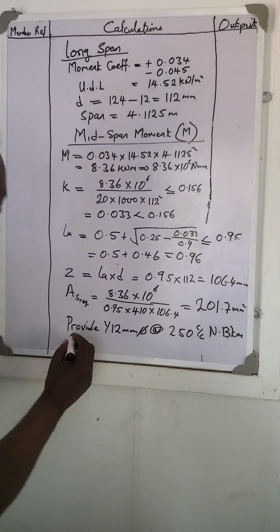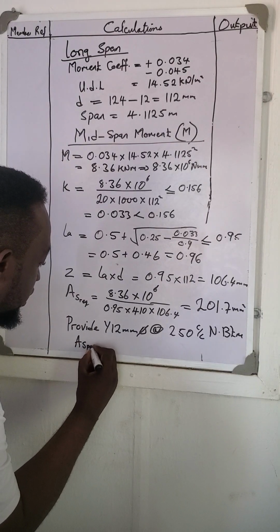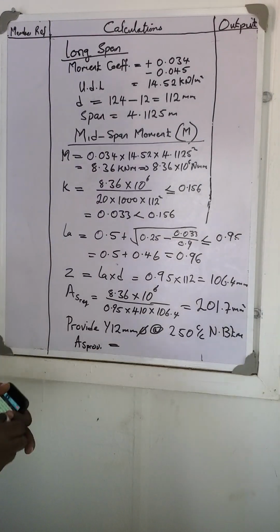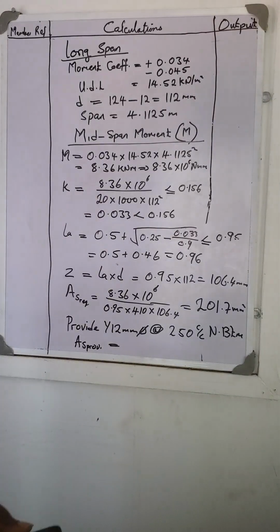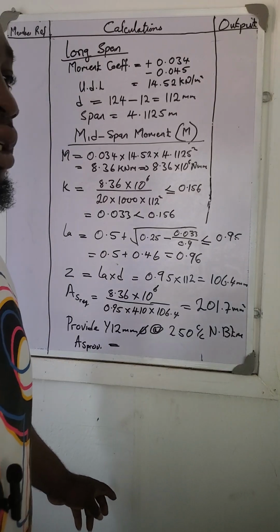Now we are going to look for the AS provided. AS provided will be equal to, please let me get the steel table. It's not here with me now. Let me quickly get it.